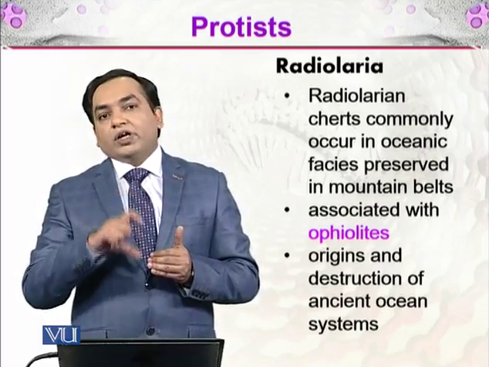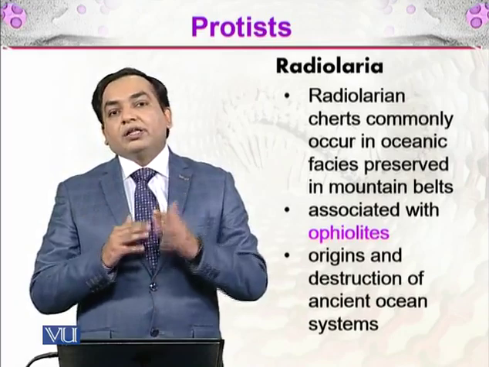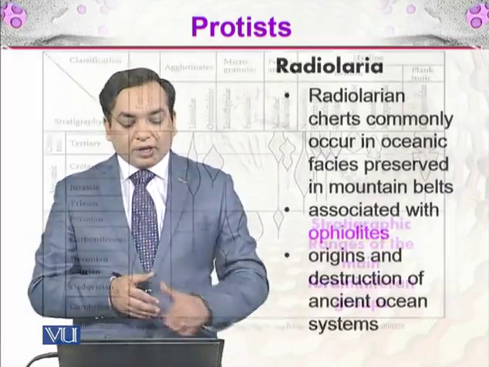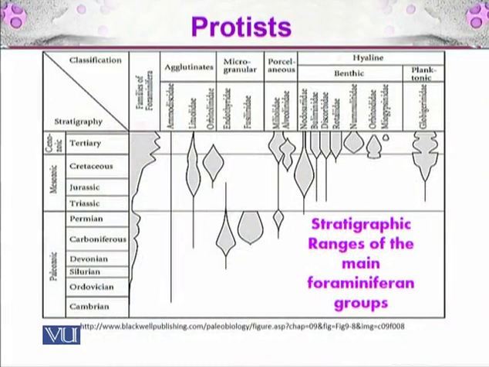With the help of studying those Radiolarians, we can see how the seabed has changed over a period of time. In this diagram, you can see the stratigraphic ranges of main foraminiferan groups. We start from the Cambrian, Ordovician, Silurian, Devonian, Carboniferous, and Permian, going from the past to the present, which is the Paleozoic, Mesozoic, and Cenozoic era.